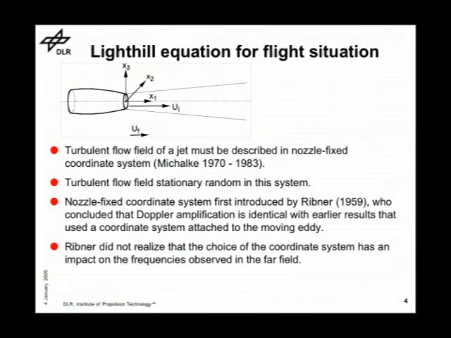You can make long averages, and the mathematics are correct. This system was first used by Ridner in 1959, and he came to the conclusion that the results between this coordinate system and the other coordinate system are identical, but he only looked at the convective amplification. So he did not realize that if you look at the frequencies, you get completely different results with both assumptions.